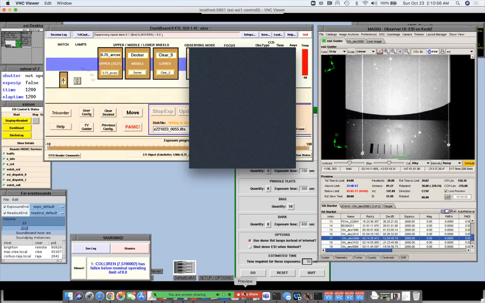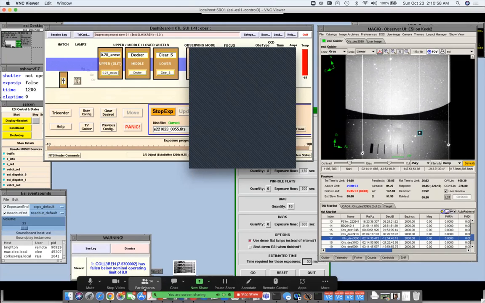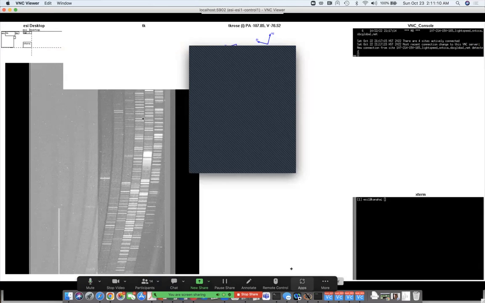CCD readout complete. Roger, I think this one is becoming even fainter. You think it's becoming even fainter or staying the same? Are you sure? I was looking at it as it's refreshing, so I can make the comparison before and after. So I think it's getting fainter.